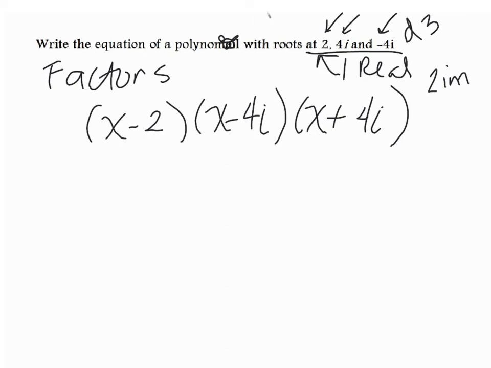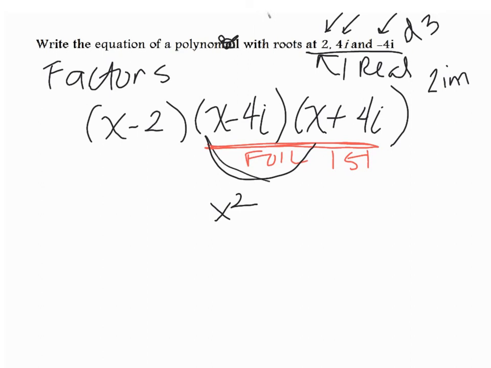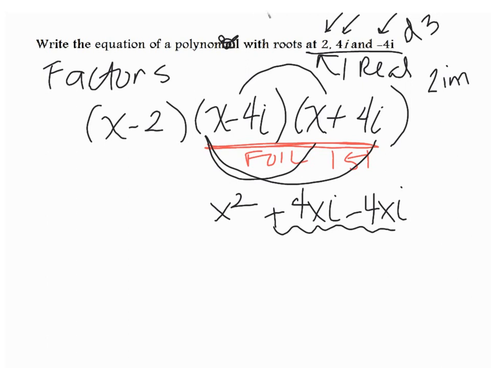When you're doing this type, you have to FOIL these first. So carefully now, x times x, x squared. Right here we get plus 4xi. And right here I get minus 4xi. Hopefully you're noticing that these are going to fall away. And then -4 squared i squared. 4 times 4 is 4 squared. i times i is i squared.